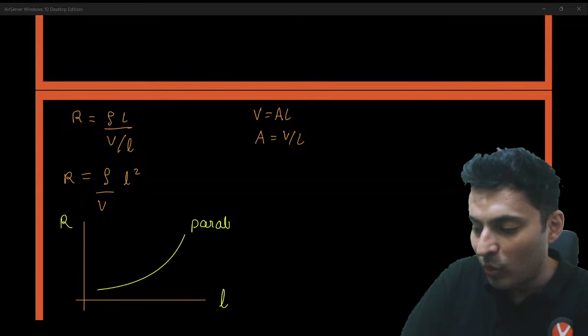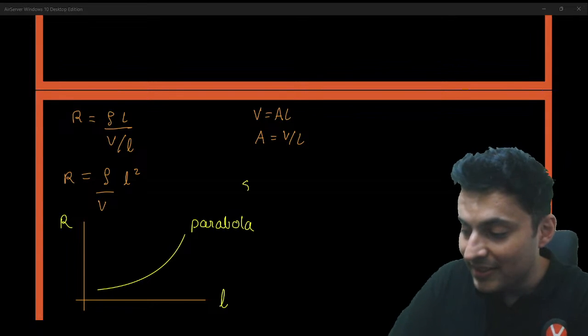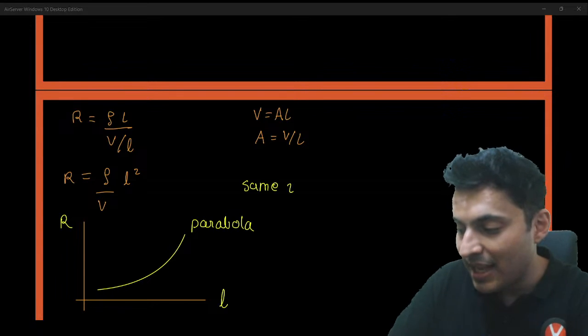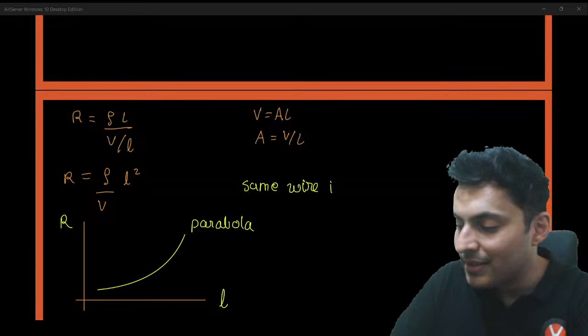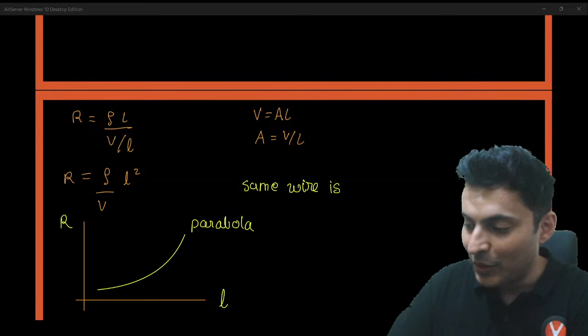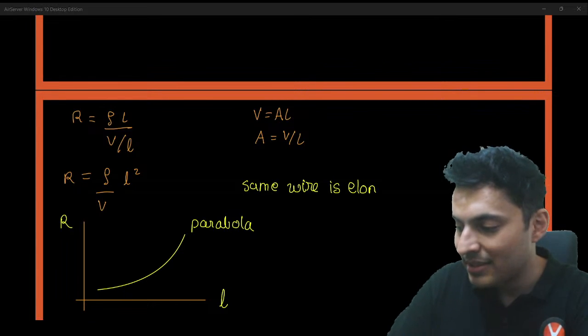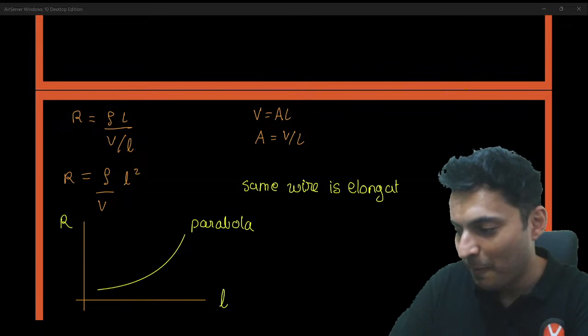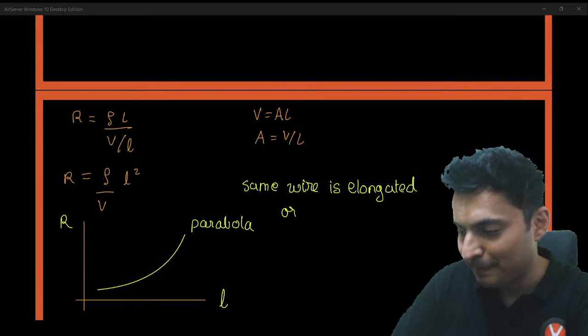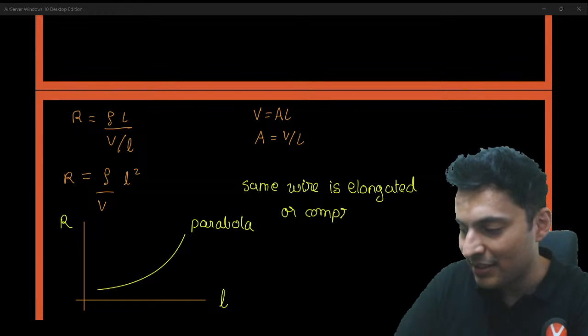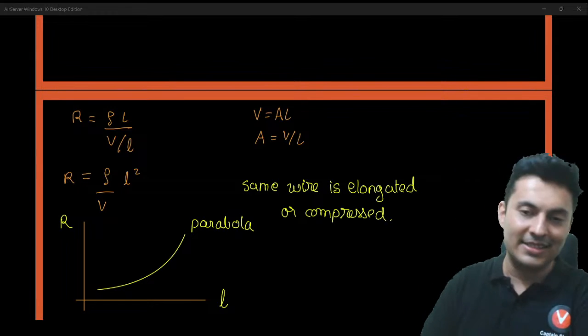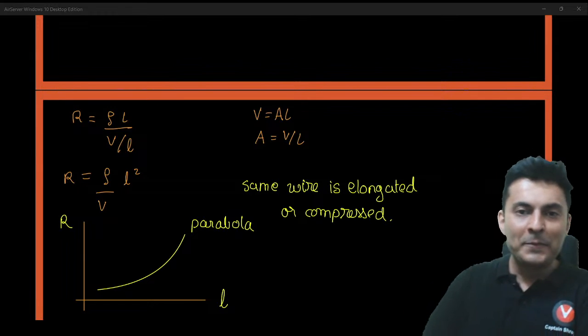It will be a parabola because the same wire is elongated or compressed. So area variations are considered. Okay.